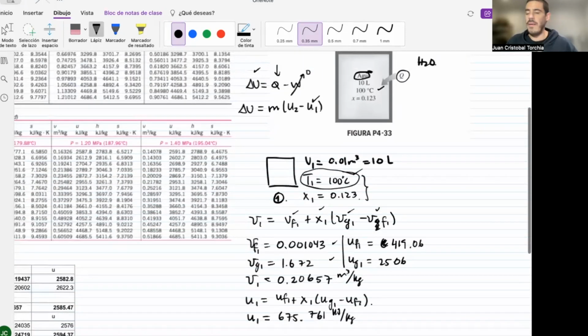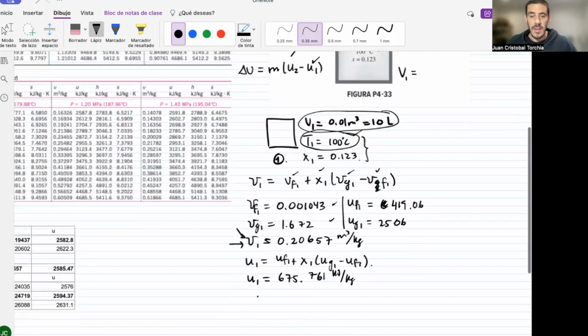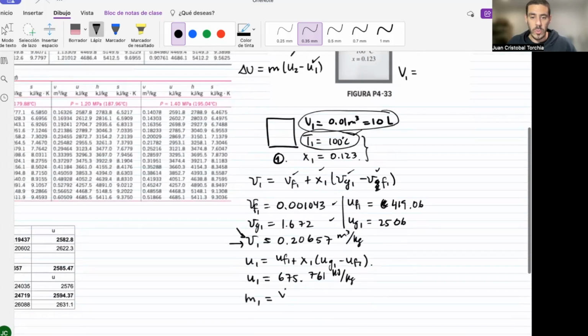You may be asking, why did you get this information? Nobody was asking you about this one. One good reason is that they are giving me the volume, so I know volume one is already here. If I know the specific volume at one, I can get the mass, because the mass m1 equals the volume one divided by the specific volume at one.